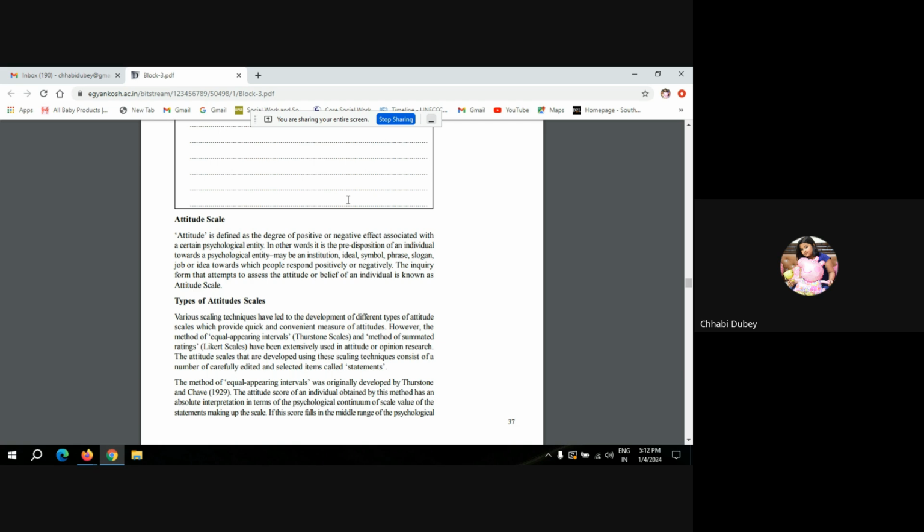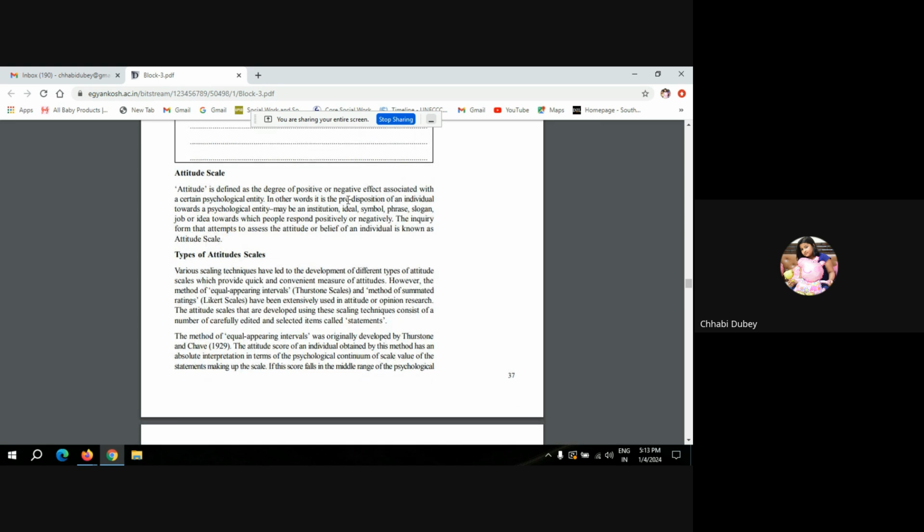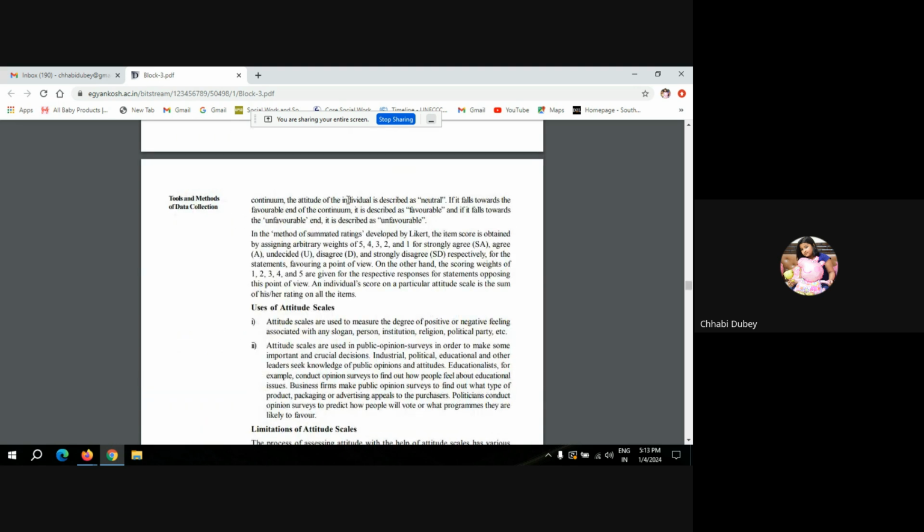For example, scaling techniques related to the equal appearing intervals, given by Thurstone and Chave, where the attitude scores of individuals are obtained by this method. This is very frequently used in various psychological studies.